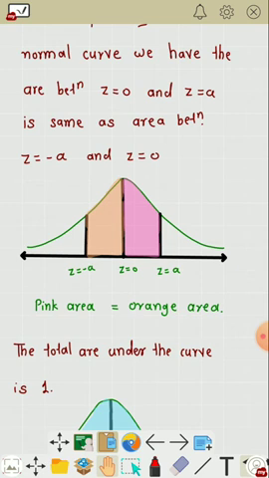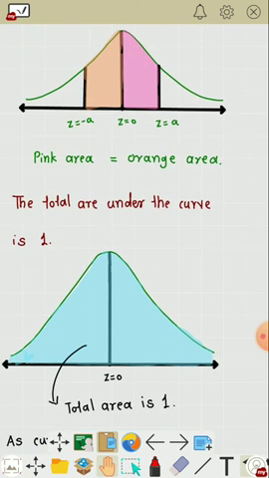So in the figure, the pink area is equal to the orange area. That is the most useful benefit of this standard normal curve.